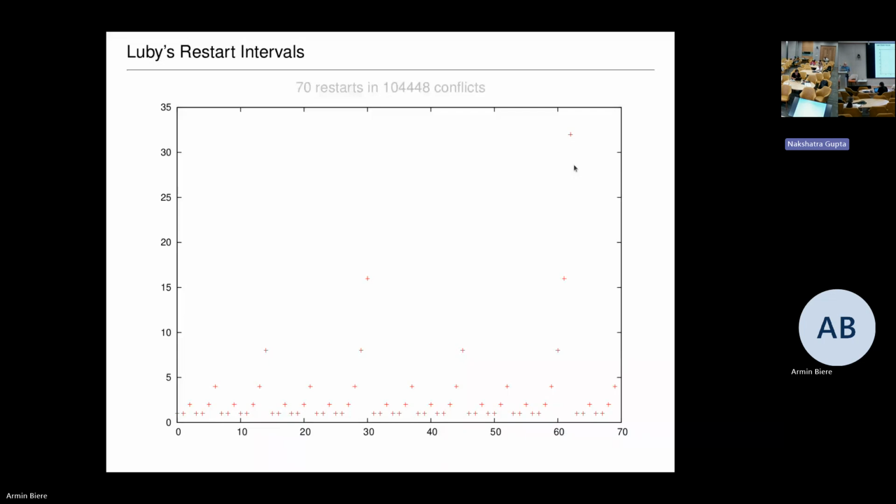If you don't know how to choose intervals, you can either do the geometric scheme, then you pay a constant factor, but you don't get this fast repetition of small intervals. Or you take this one and then you pay in the worst case only log n. So this is why this is the default: when you have some interval and you don't know what to do, just use the Luby sequence or reluctant doubling.